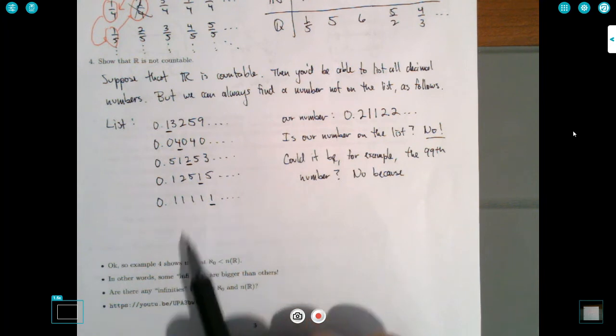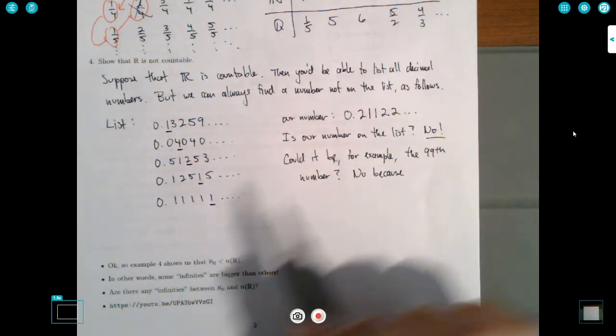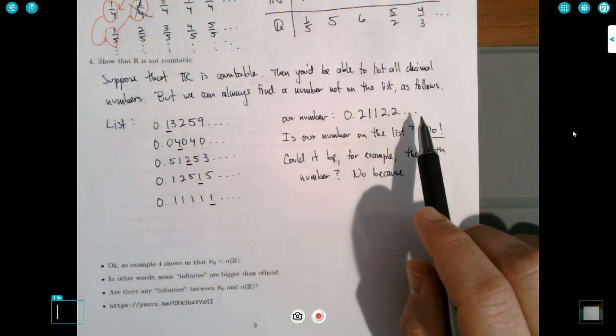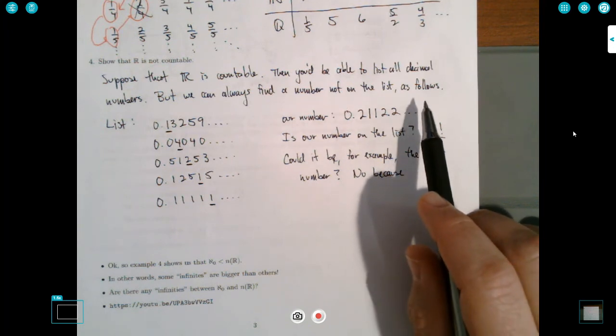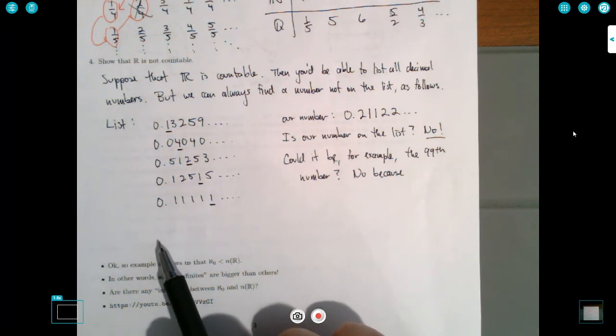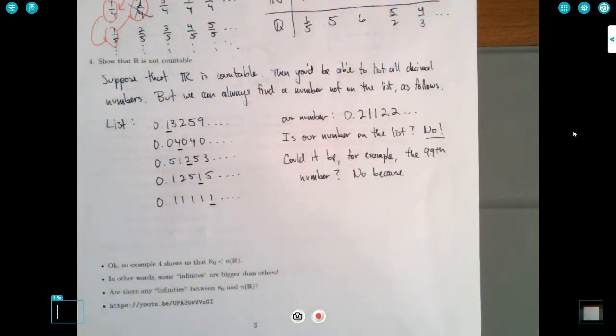If the 99th decimal place of the 99th number on the list is something different from 1, then the 99th decimal place of our number is going to be 1. And so the 99th decimal place of our number is going to be different from the 99th decimal place of the 99th number. That's how we're constructing our number. We're constructing it specifically so that it can't be on the list.